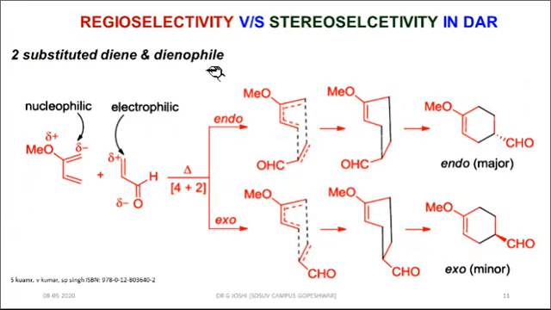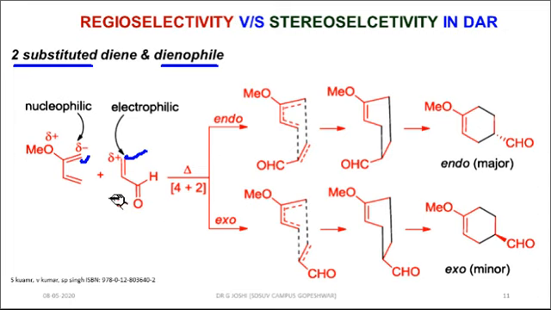Similarly, we can understand the regioselectivity versus stereoselectivity when we have a carbon 2 substituted diene and a dienophile. In this case, carbon 1 will become more nucleophilic and carbon 2 more electrophilic, but with a flip in orientation. We have flipped the orientation.